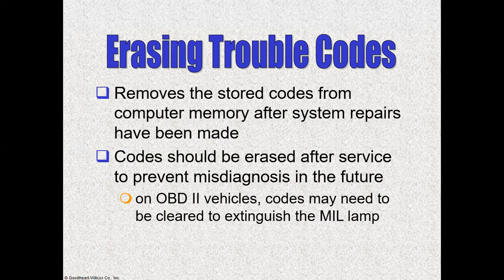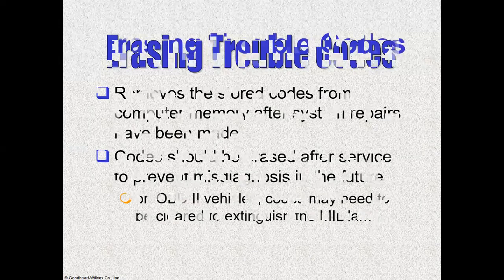Especially with hybrid vehicles, if you have a code with the battery pack or anything to do with the hybrid system, once that code is on, the vehicle probably will not even start until they rectify the problem and clear the code. If they rectify the problem and do not clear the code, the computer is not going to reset to go back to normal operation.